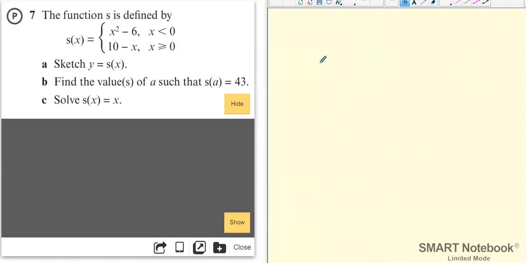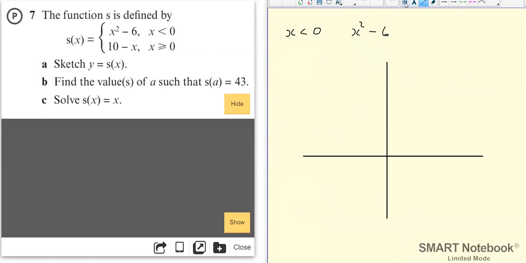So the function is defined by some curves. When x is less than 0, we need to sketch x squared minus 6. So for that, I am going to draw a quadratic which is shifted down by 6.